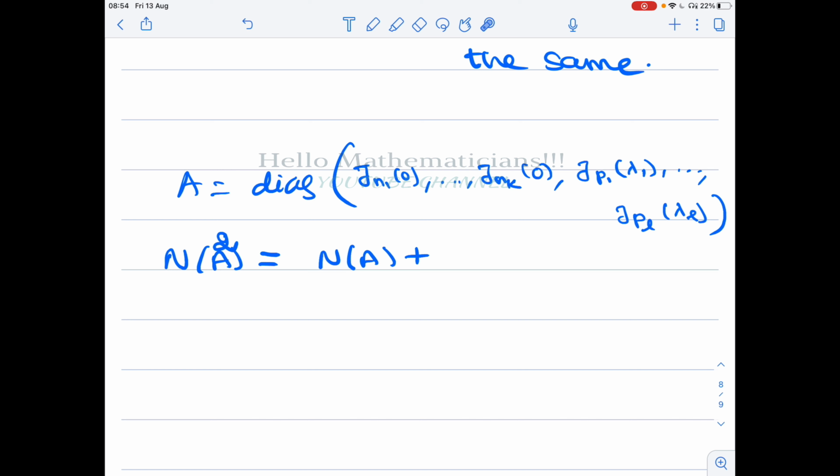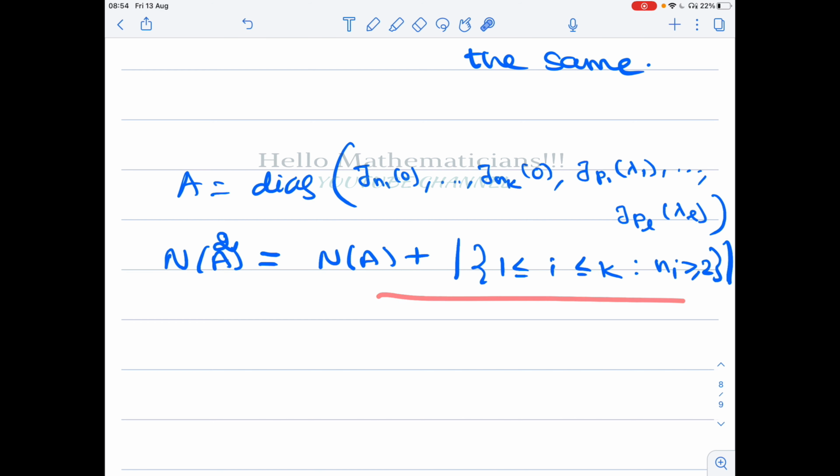So nullity of A plus the cardinality of the set of i, 1 less than or equal to i less than or equal to k, such that ni is greater than or equal to 2. So from here I am looking at how many blocks there are of size at least 2. Each of them will give one more nullity to A. Therefore the nullity of A square will be the nullity of A plus this quantity.